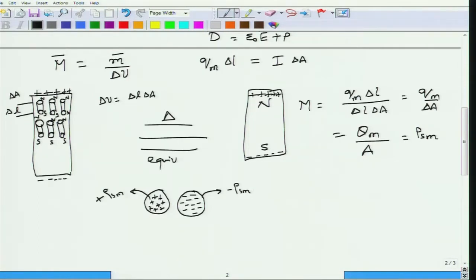A similar equation can be obtained in terms of the current as well, because the magnetic moment is I into delta A. Just so that this is a magnetic moment, let us put an m subscript for the current carried by the magnetic dipole. So, this would be Im into delta A divided by delta L into delta A. So, this is given by Im by delta L, and when you consider the entire length of the material, this would become Im by L. And what are the units of Im by L?